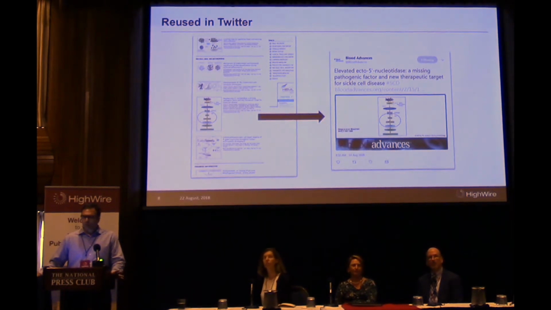So Sherry was explaining as well, you can see it in our TOCs. Our one goal, and why we started with Blood Advances, and now we do it with Blood, is to use these visual abstracts in our social media, specifically Twitter. That was basically the goal. We read studies, and we saw presentations here and at other meetings, requiring that visual element on your Twitter channel to provide some more welcoming warmth to the page instead of just p-values ad nauseam.